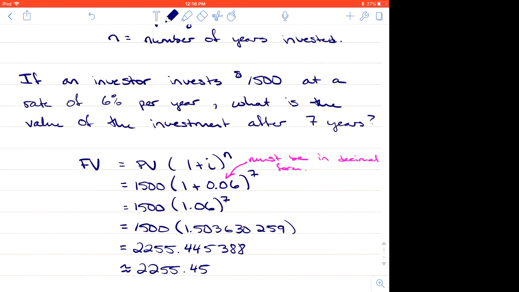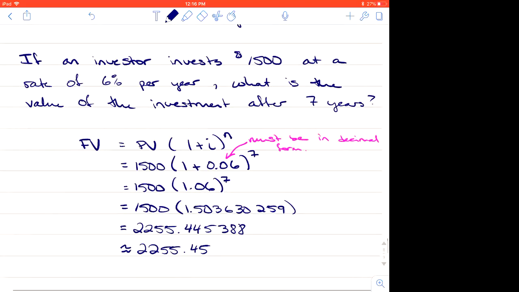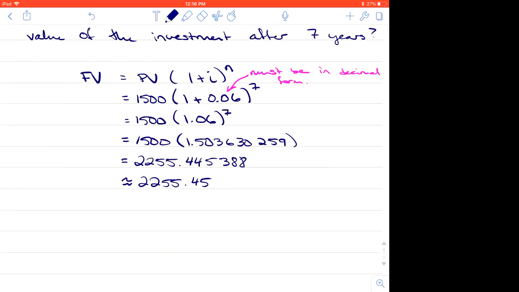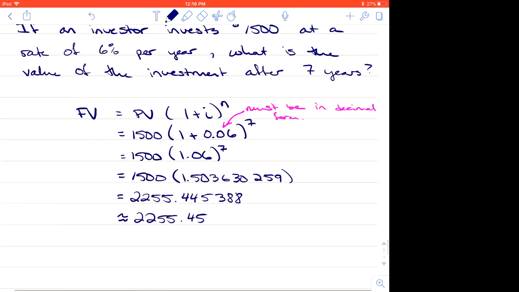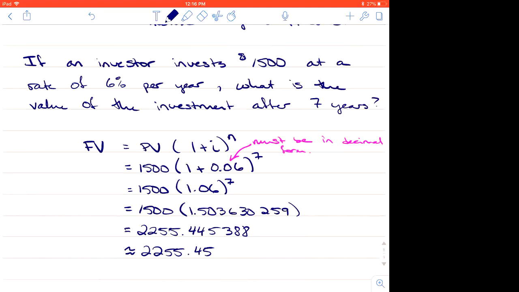Optional. I'll do it, but you don't have to. If you just do equal sign, it's fine. Cool. So this guy invested 1,500. He's getting 6% annually, per year for 7 years. And so his future value is $2,255.45.